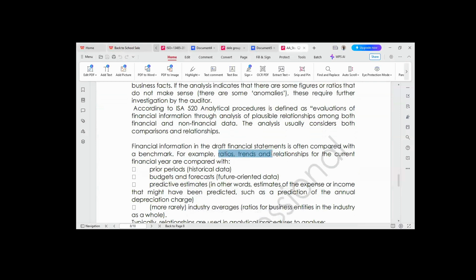Ratios, trend, and relationship of the current financial year as compared to the prior year, like I talked about 2 months ago. Prior year, budget and forecast, predictive estimate. These are some of the things you'll be looking at. Then we'll go on.